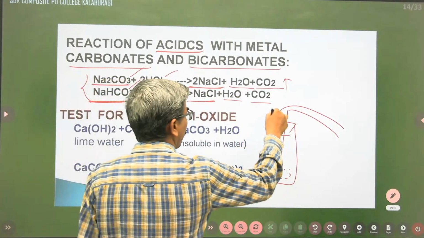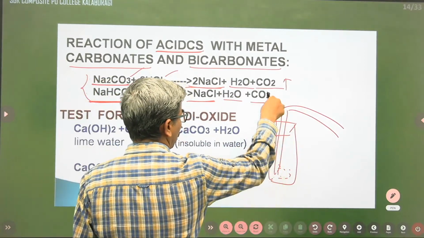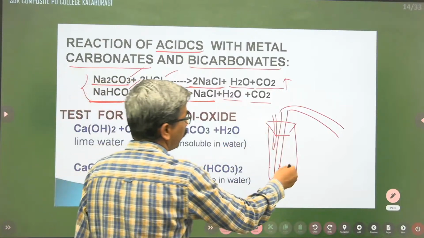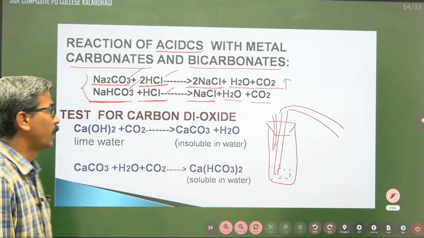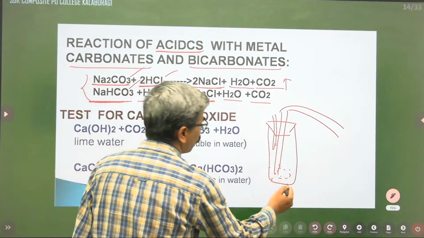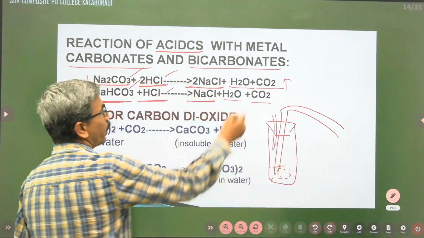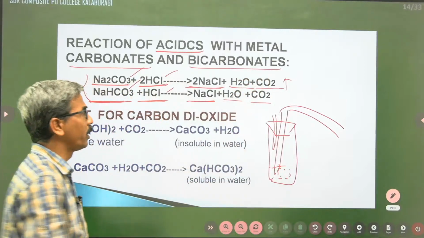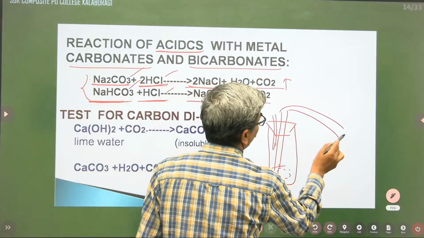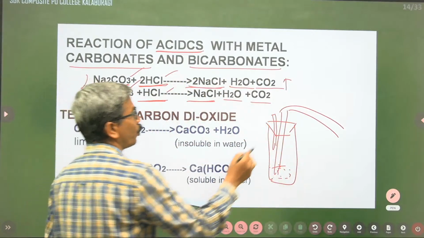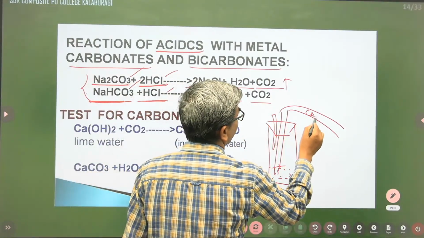Then with the help of one more glass tube, you can add hydrochloric acid. When these two react, the sodium chloride in water is going to remain in the solution. Whatever carbon dioxide is formed is in the gaseous state and will come out. Now after adding HCl, you can close this one. Now here this CO2, which is in the gaseous state, is going to come out.